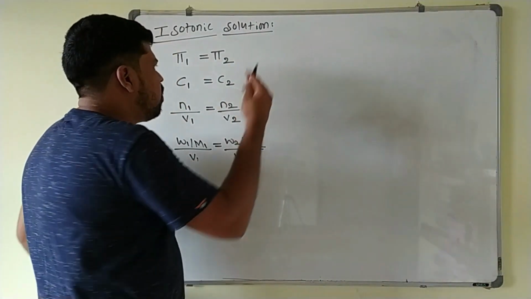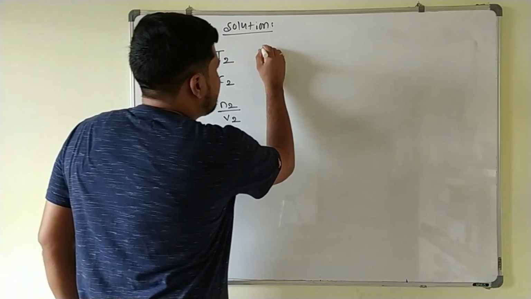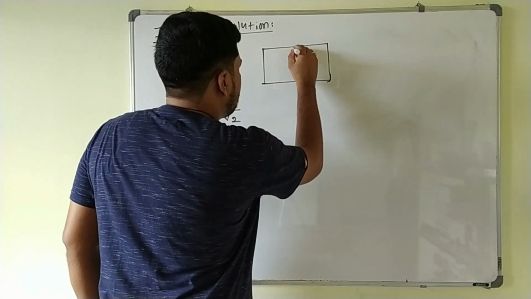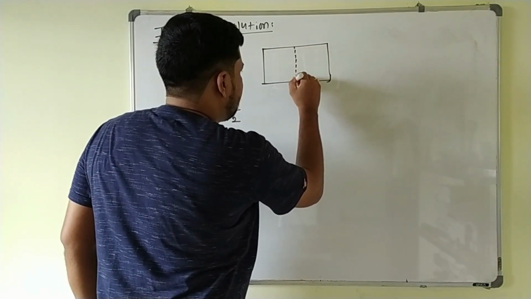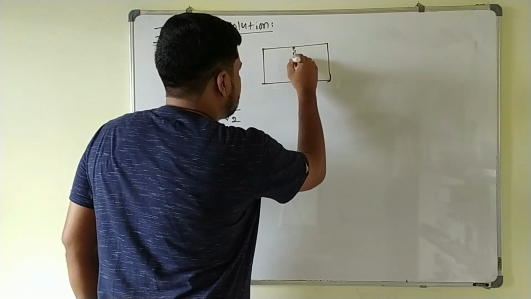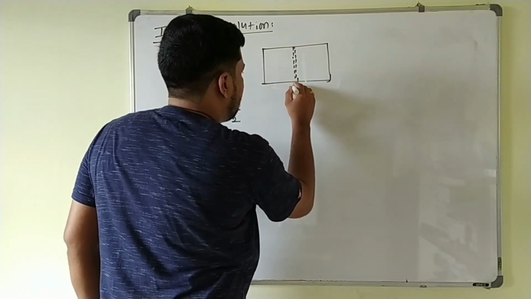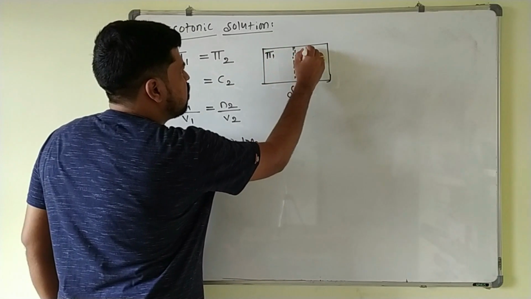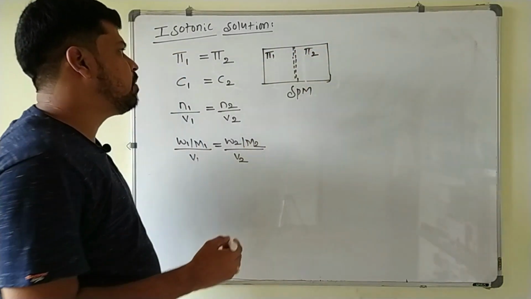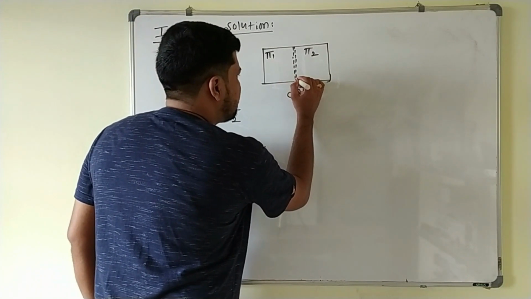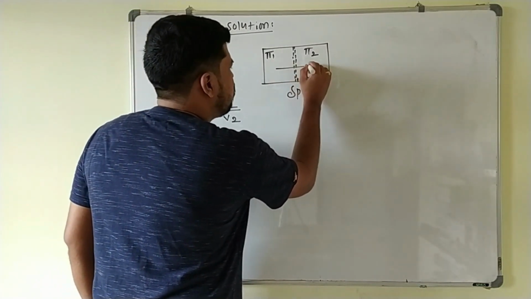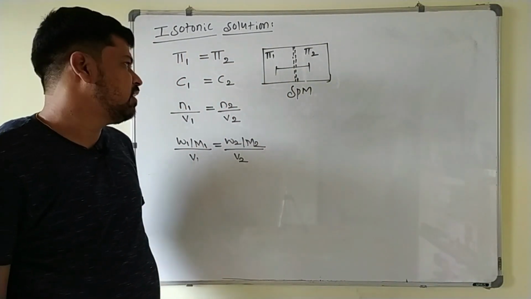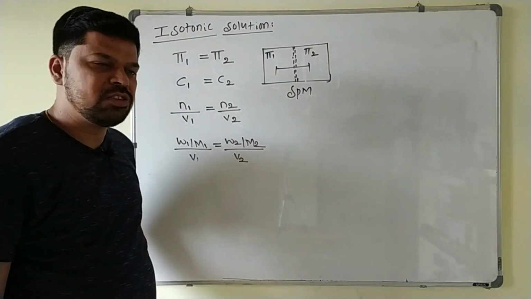Now if I take two isotonic solutions separated by a semi-permeable membrane, which I will write as SPM, with solution 1 at π1 and solution 2 at π2, both have the same osmotic pressure. There is no difference in concentration, so there is no movement of solvent molecules across the semi-permeable membrane, and there is no osmosis in the case of isotonic solutions.